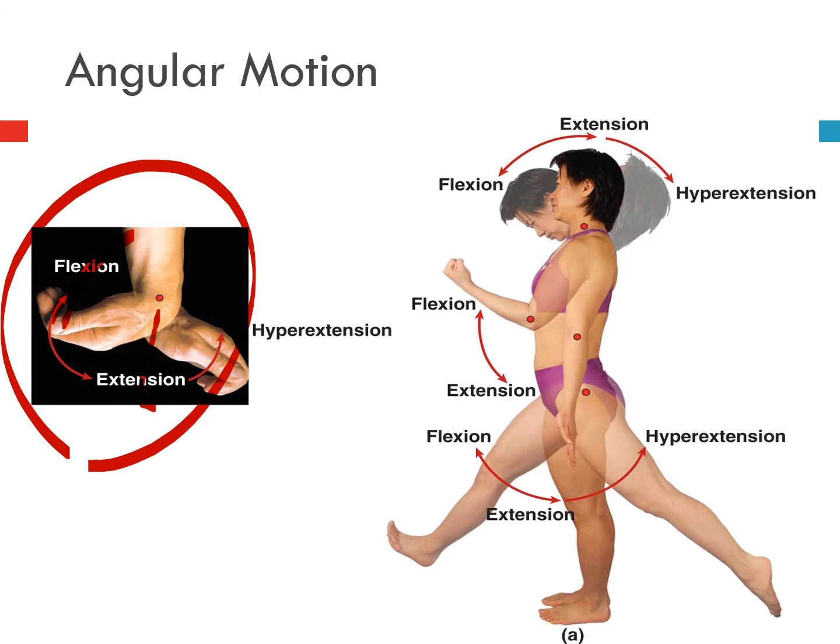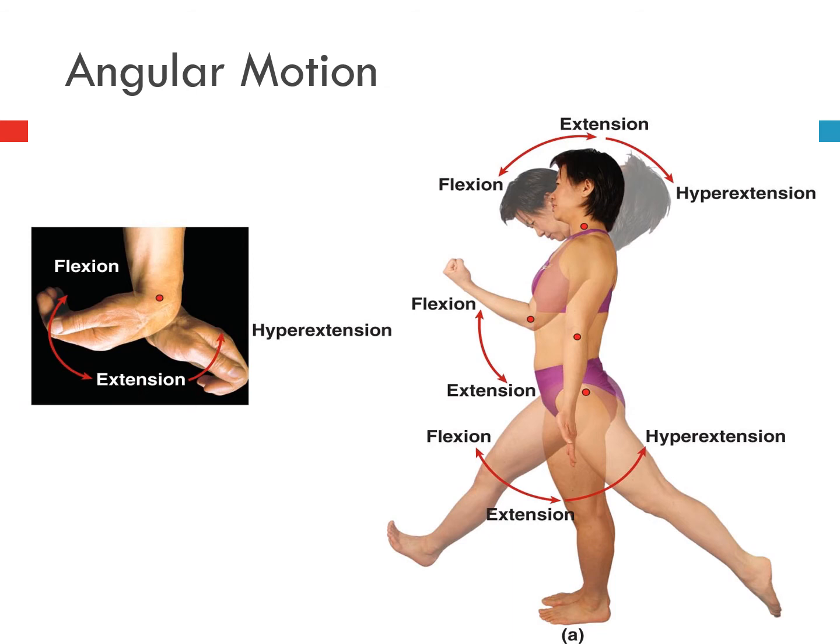Extension would be sort of bringing the arm to just past neutral. And then hyperextension is really bringing your arm back, or your wrist, your hand back past that neutral normal position. So flexion, extension, hyperextension at the wrist.